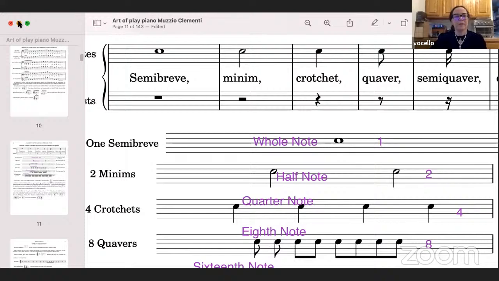So here's C4. From C until B is the C4 octave scale.